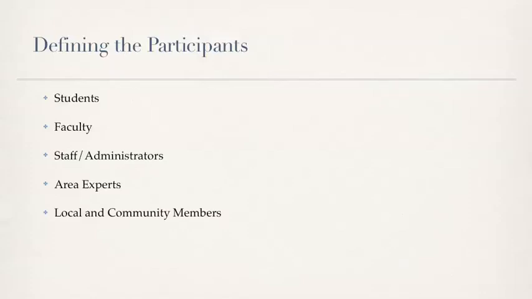You may also include community or local members if that's part of your project, and you may even have business professionals included if that relates to your project in higher education.